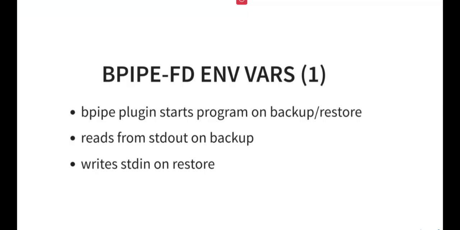So you could even use a database dump or something there, and on backup it just executes a script and will consume what this script or binary puts to standard out, and on restore it will start the same or another binary and feed the backup into standard in. That's how the bpipe plugin works.